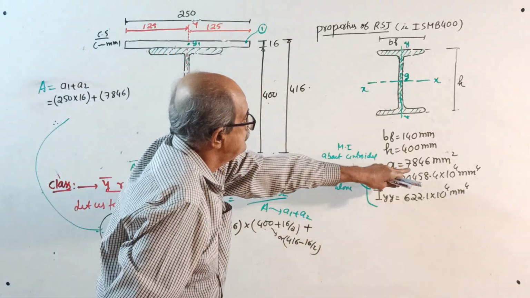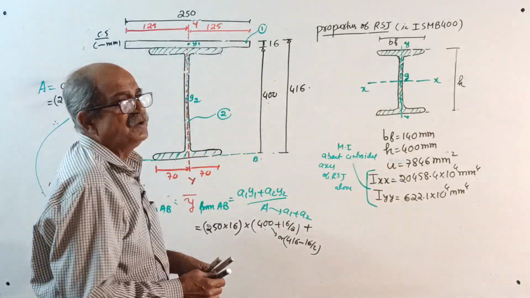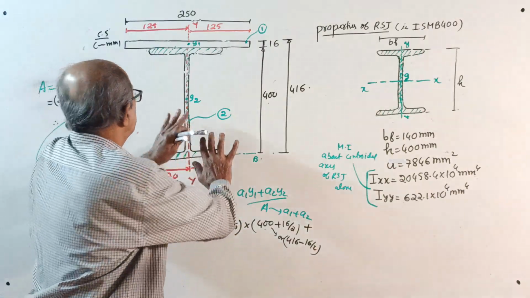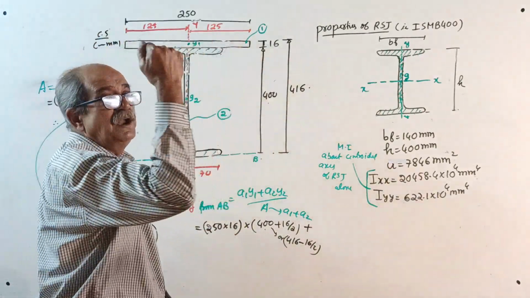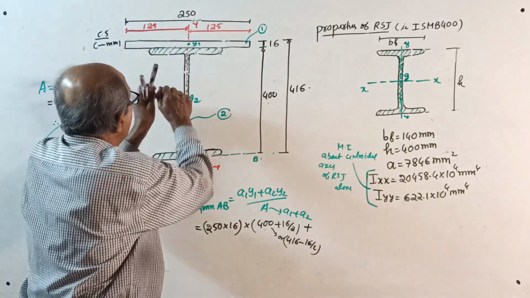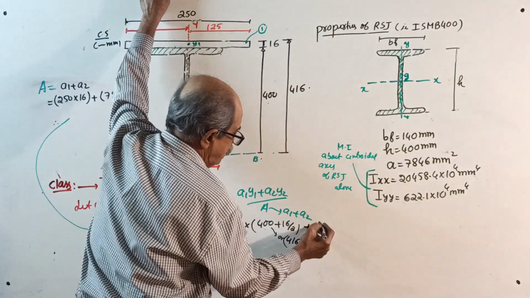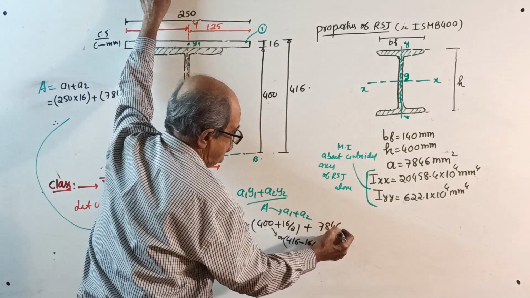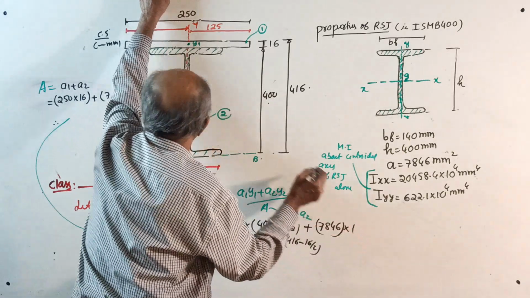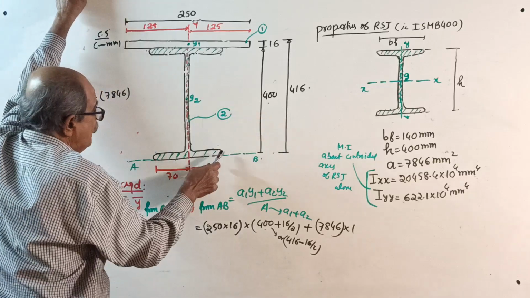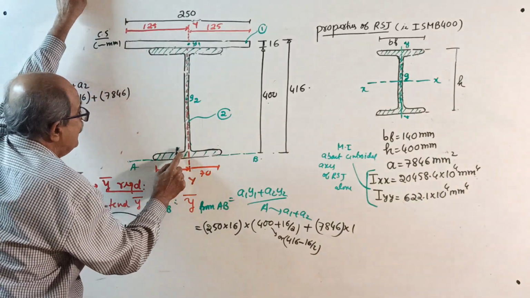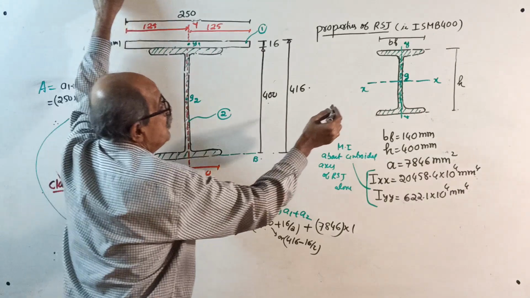I told you, how many times do I have to tell, take the complete I section as one unit, one compact unit. 7846 is the area, into its centroid from here. This is exactly the midpoint.